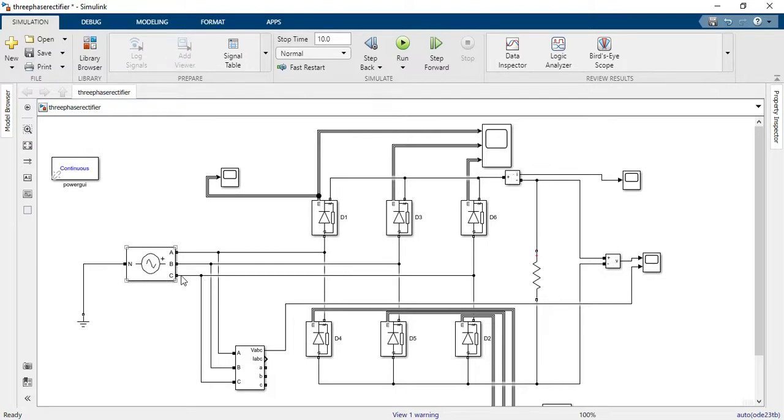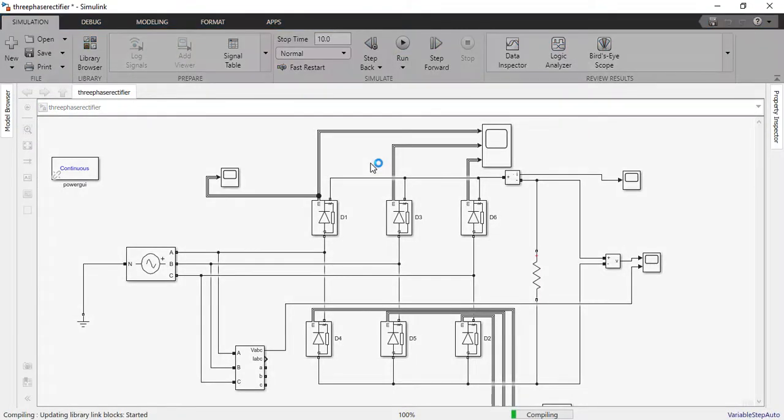Similarly, when phase 3 comes after 240 degrees, D6 and D5 will be on. So now we have to run the simulation.